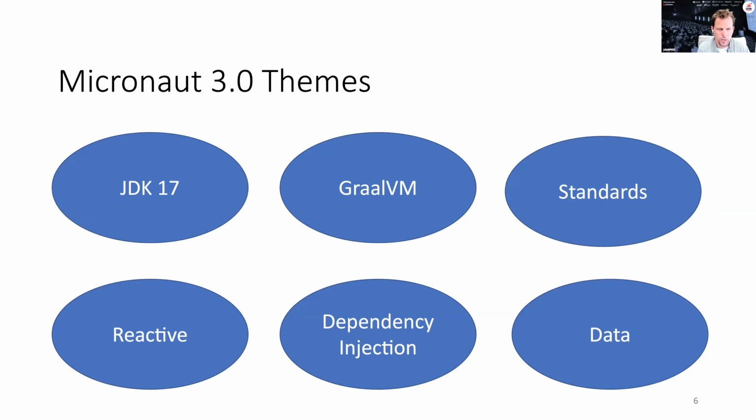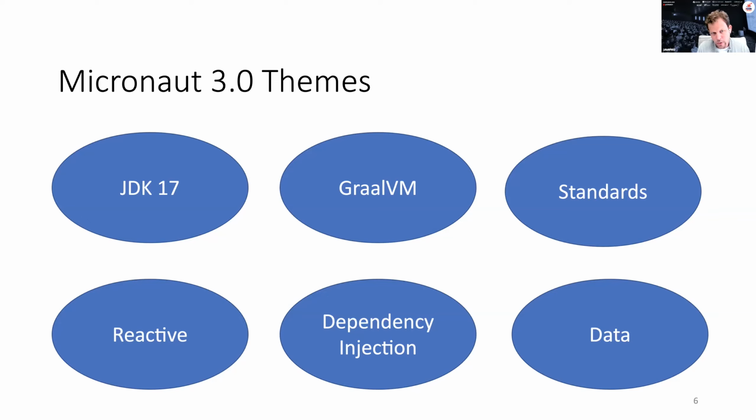So Micronaut 3 has been decoupled from any kind of specific reactive library. We recommend developers use Reactor, and we continue to be compatible with RxJava 2 if you're doing reactive programming. But we've added support for RxJava 3 as well, and opened up the choice in terms of what libraries you want to use with Micronaut 3 if you go the reactive programming route.